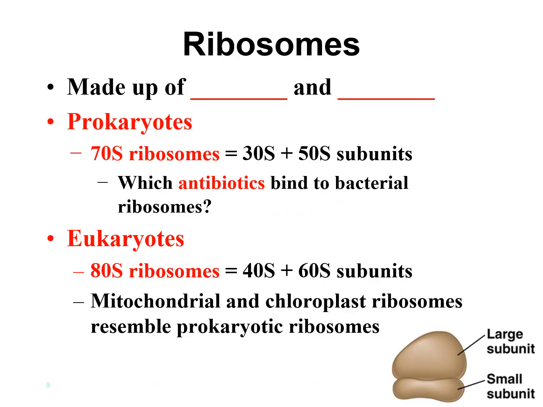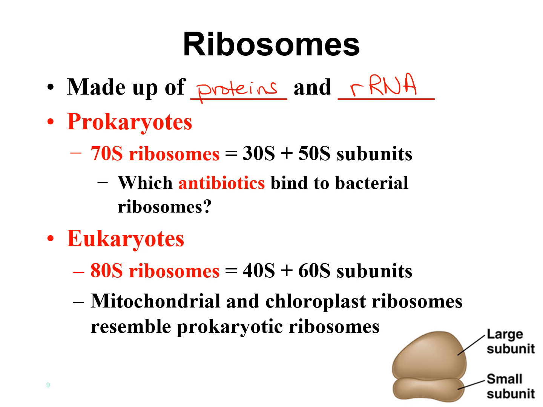Okay, and then ribosomes, remember, are made up of two things. They're made up of proteins and the ribosomal or rRNA. And remember, the prokaryotes have the 70S ribosomes and eukaryotes have 80S ribosomes, so they have different size ribosomes.